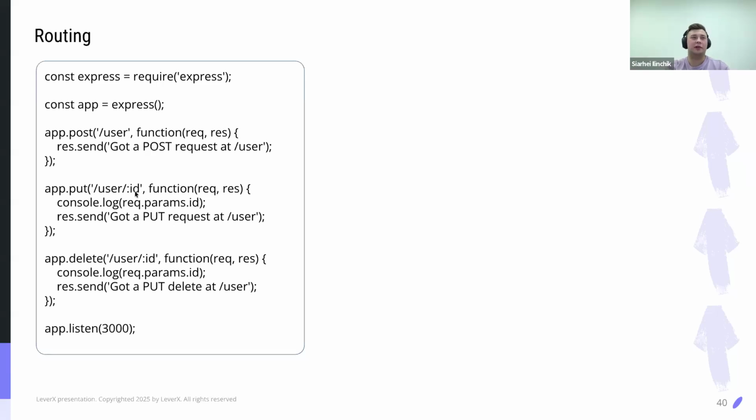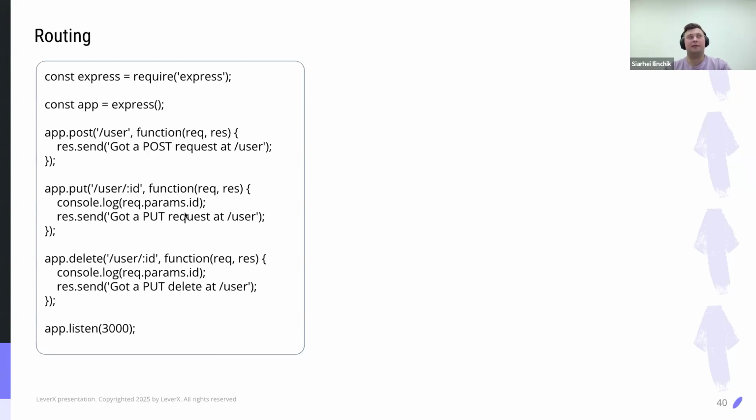And the interesting part here, as you can see, is :id, which is basically a dynamic value which comes from the URL. You can imagine it like you type /user/ and the user ID. For instance, if we have integer IDs, then it would be /user/1, and 1 would become the ID in our code. So we can grab this parameter from inside the request object, and it is already parsed for you.